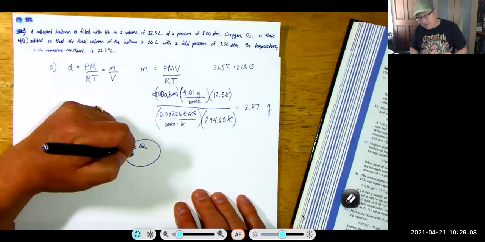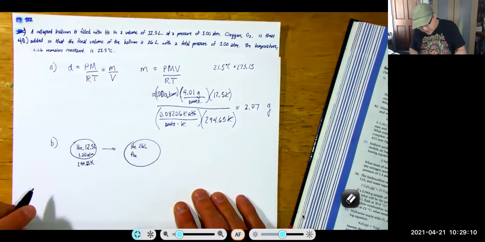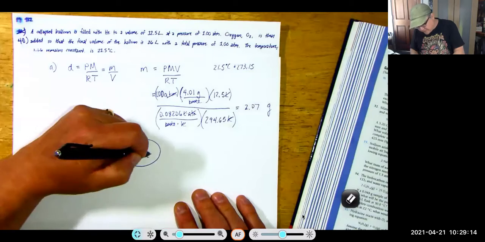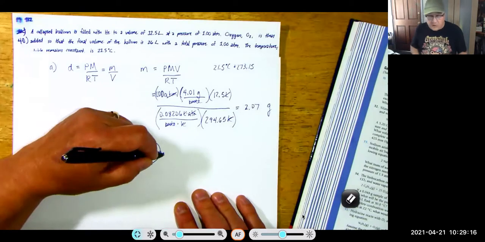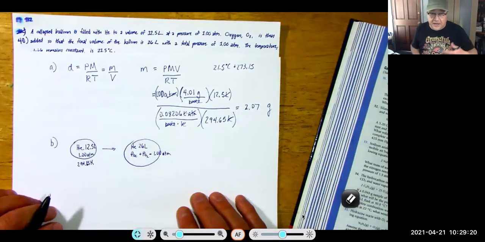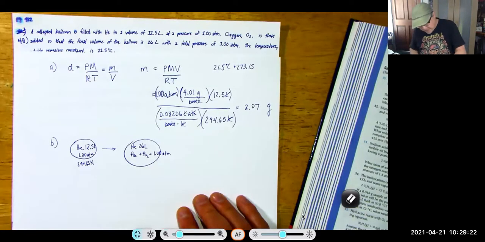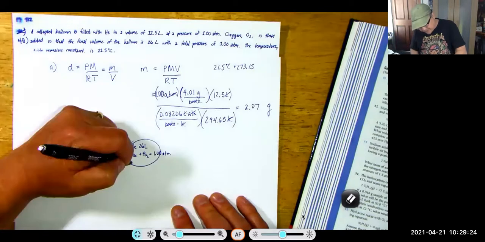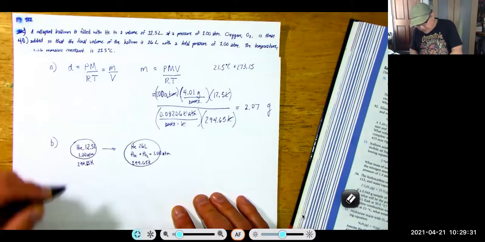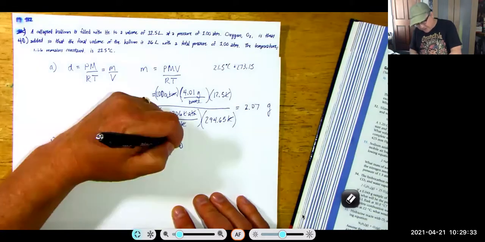I don't know, but I do know that the pressure of helium plus the pressure of O2 is going to equal 1 atmosphere, because the whole balloon has a pressure of 1 atmosphere, and the partial pressures should add up to 1. The temperature is 294.65 K. How many liters of oxygen? 26 liters.